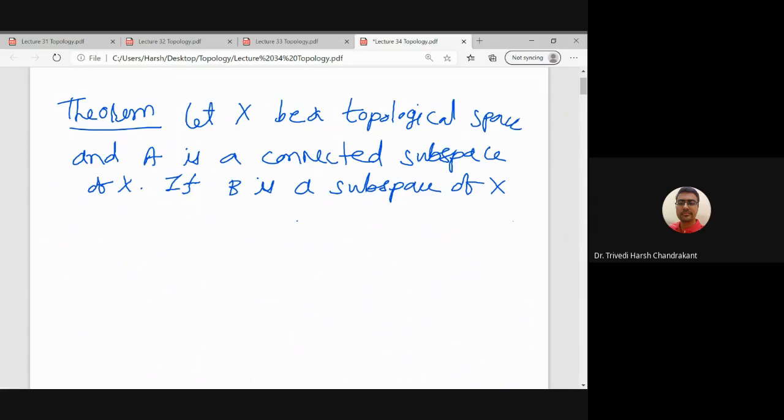So that is the subspace topology, such that B is a subset of X which satisfies the condition that B is between A and A closure. So then B is connected.